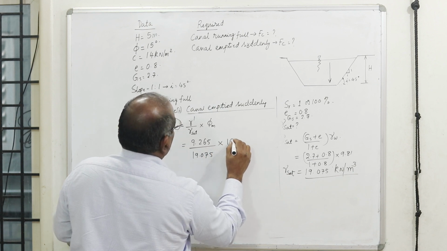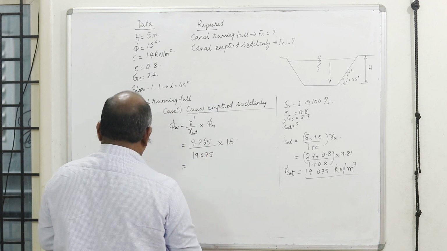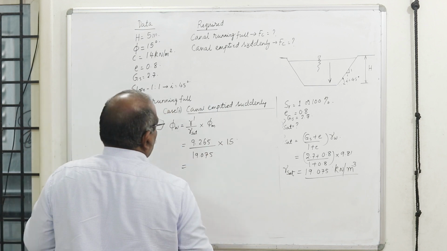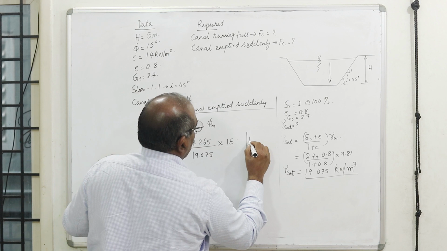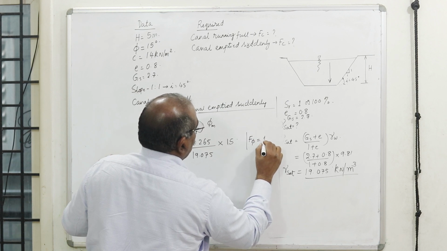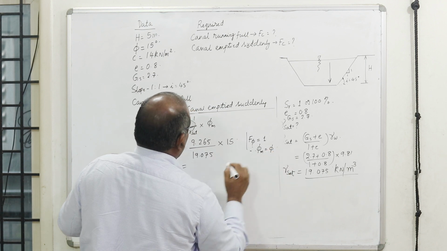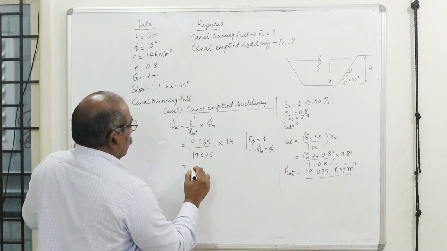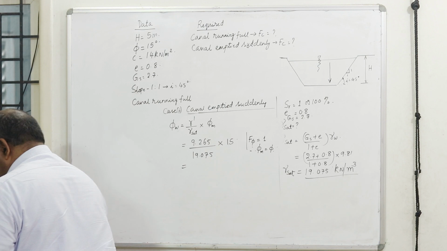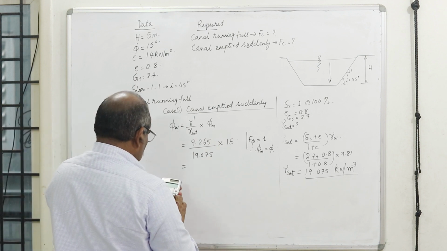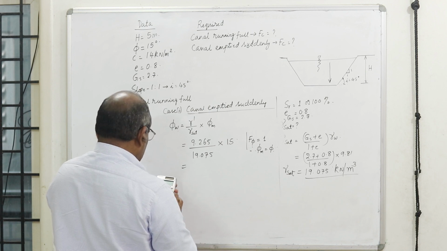I use 15 only, which means the friction has been completely mobilized. I'm assuming the mobilization factor is equal to 1. Now, what is this value when I take this ratio? 9.265 divided by 19.075 into 15 degrees.